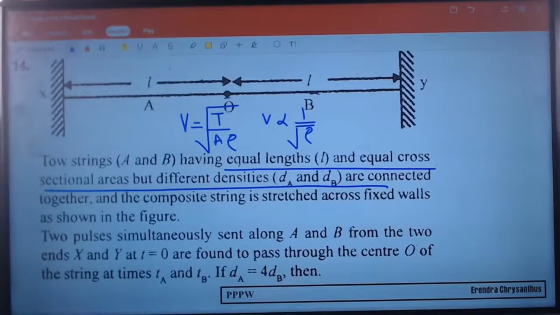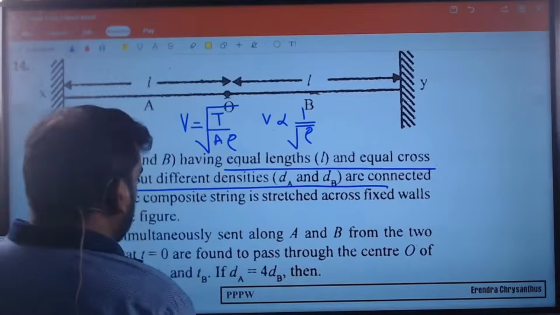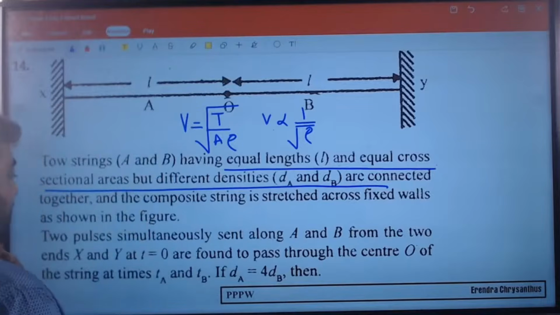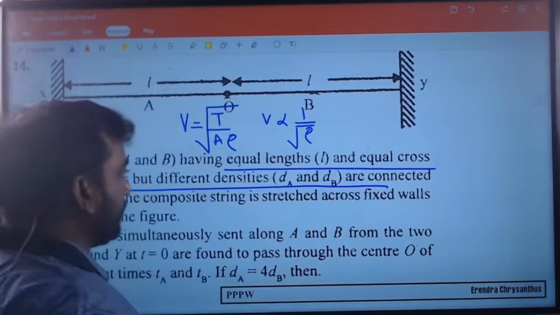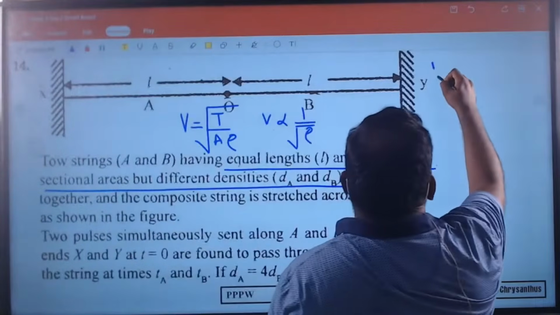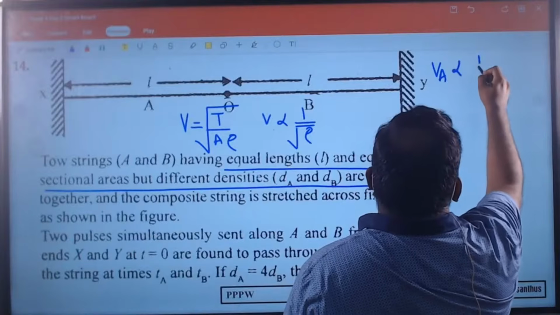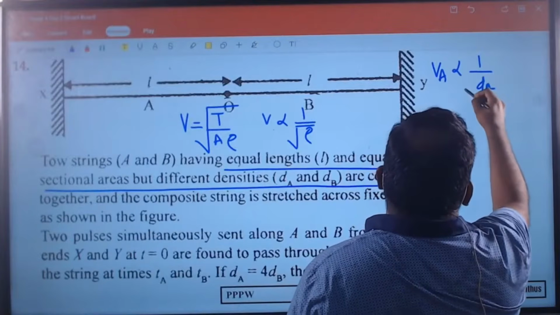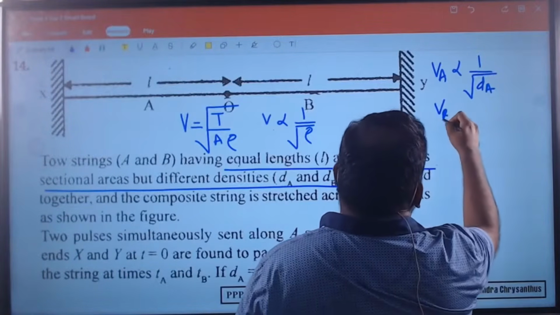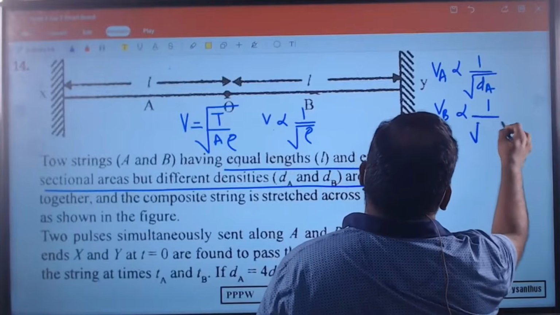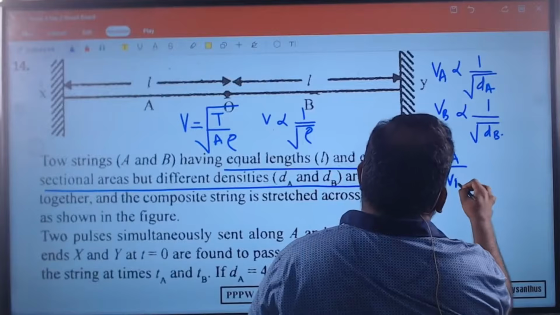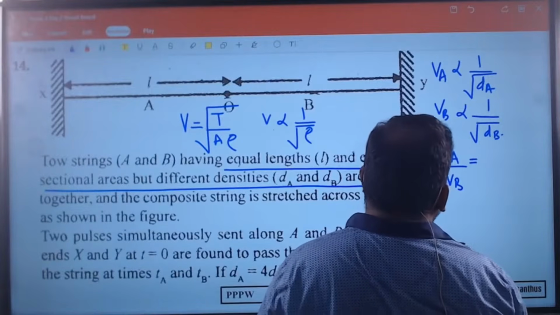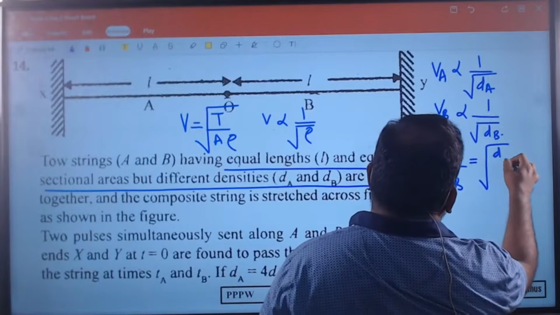They are found to pass along center O at times tA and tB. Densities are given. Then what can you say? Look at the board now. Here velocity at A is inversely proportional to the square root of density at A. Velocity at B is inversely proportional to the square root of density at B. VA divided by VB is the square root of dB divided by dA.